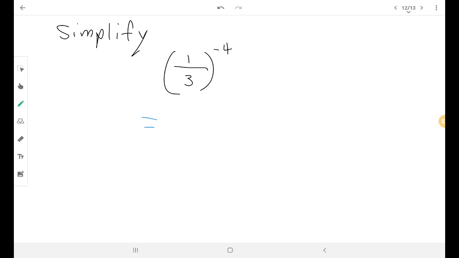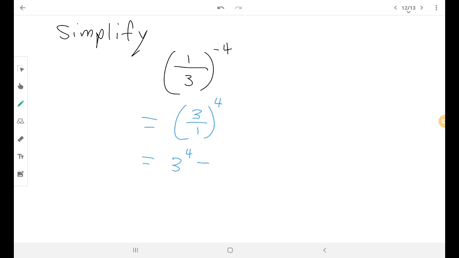So the reciprocal of 1/3 is 3 over 1. And then this becomes a positive because, since I've taken the reciprocal, I've used up that negative.